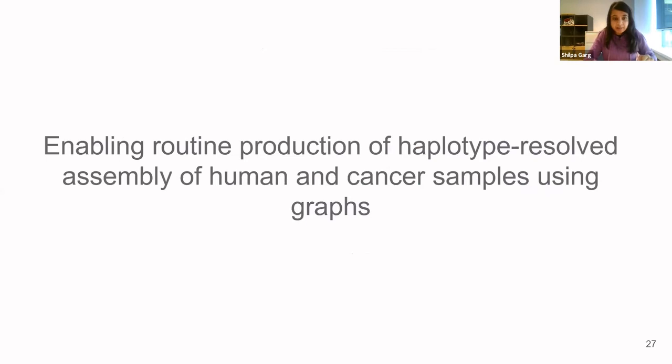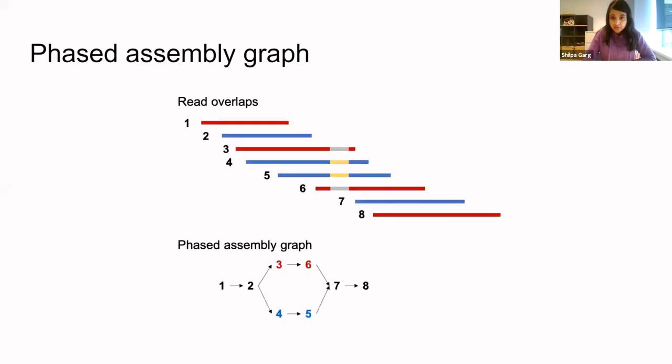Next, I give an introduction to a new graph-based approach that involves no collapsing to enable routine production of haplotype resolved assemblies of humans and cancer genomes.